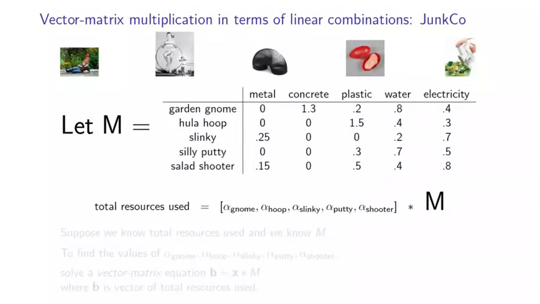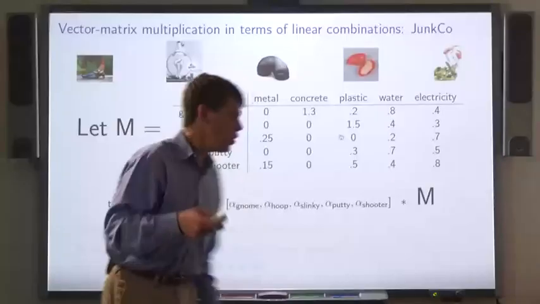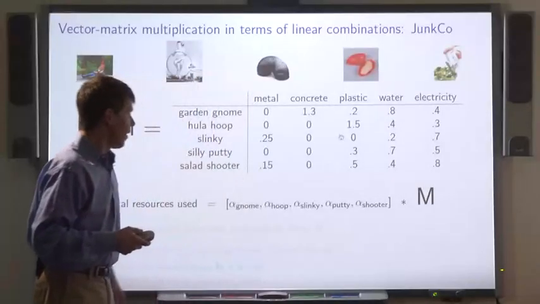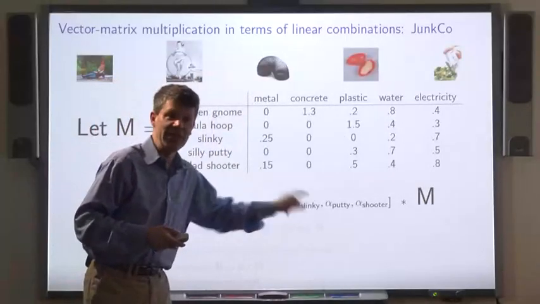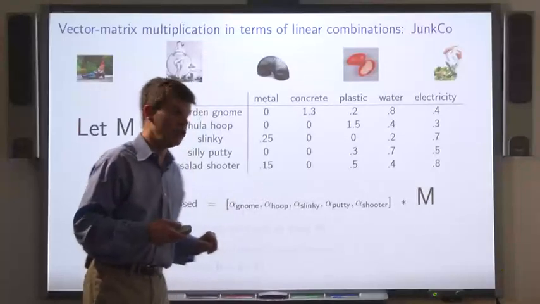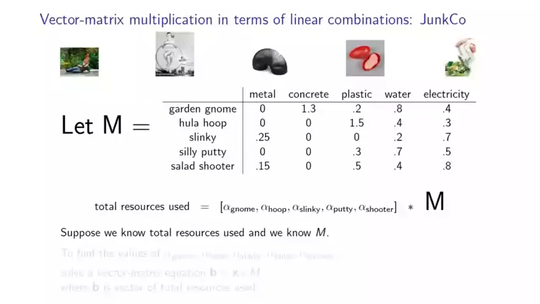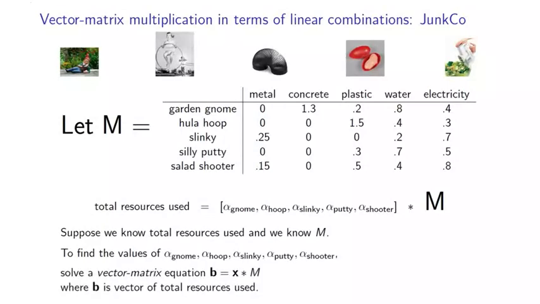Recall that in industrial espionage, we might want to calculate how many of each item Junko produced, assuming that we know the total resources used, and of course, we know the matrix M. To find the number of items produced, we would solve a vector-matrix equation, b equals x times M, where b is the vector of total resources used.